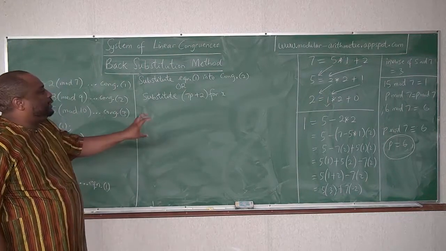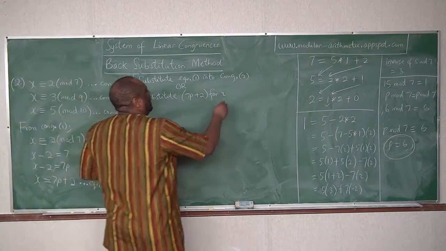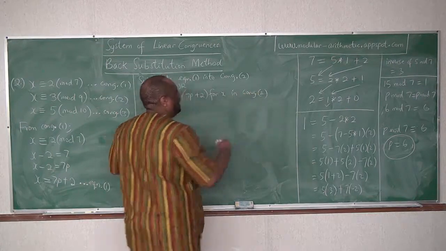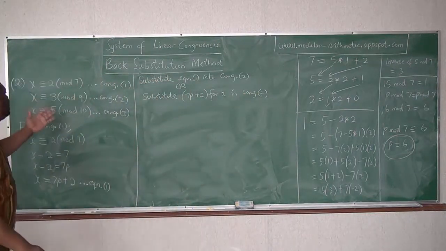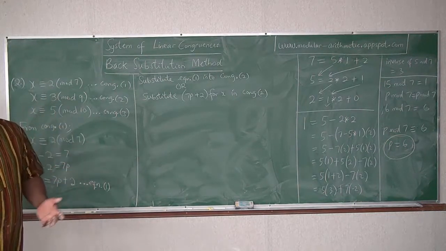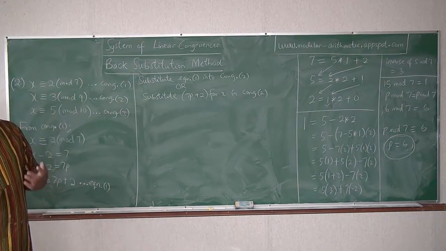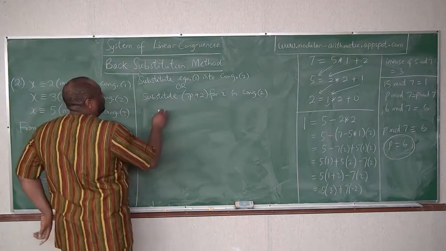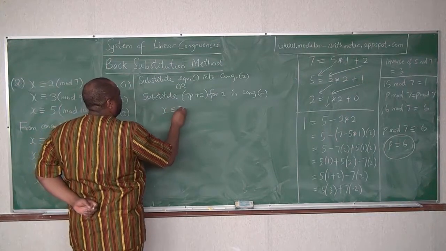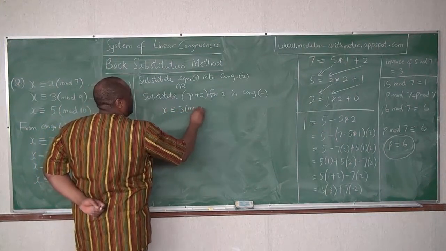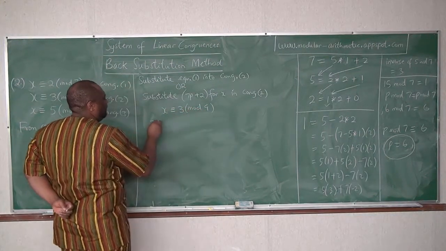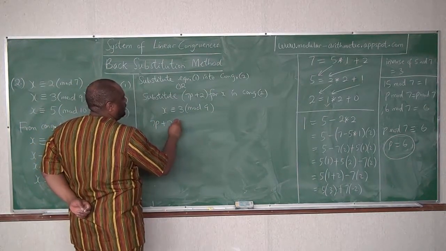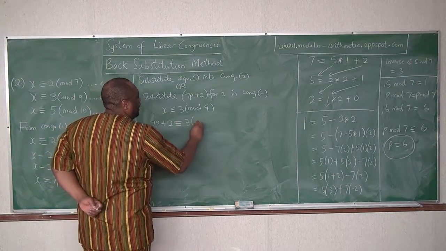Substitute 7p plus 2 for x in congruence 2, which means anywhere you see x in congruence 2, just put 7p plus 2. So we have our congruence 2: x is congruent to 3 in mod 9. So we just put 7p plus 2 is congruent to 3 in mod 9.